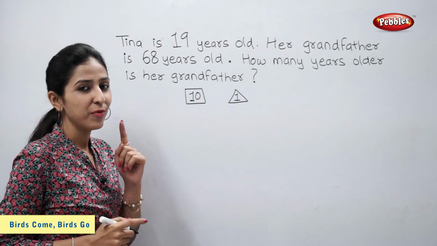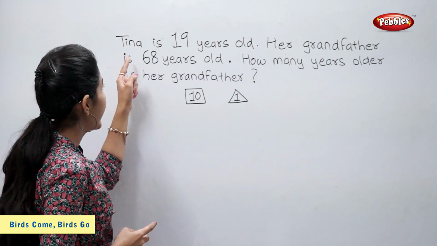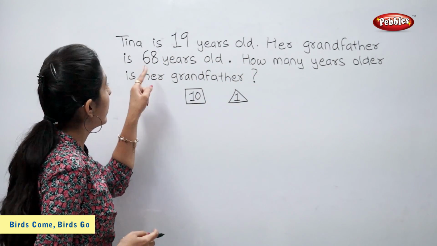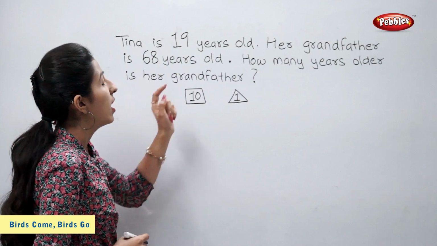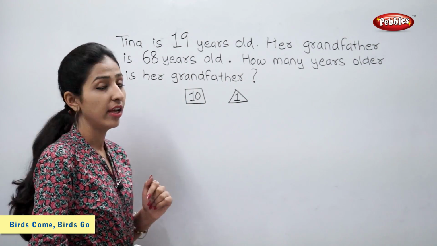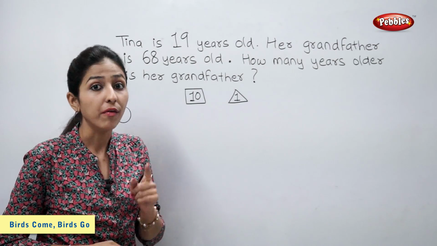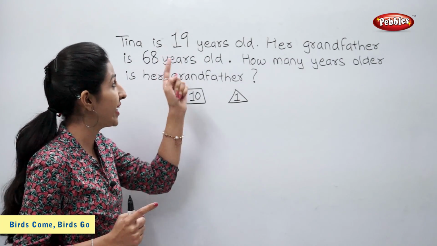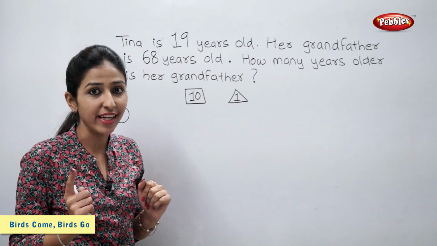Let us read the sum once again. Tina is 19 years old. Her grandfather is 68 years old. How many years older is her grandfather? So, in this sum, we have to find the difference between the ages of Tina and her grandfather.